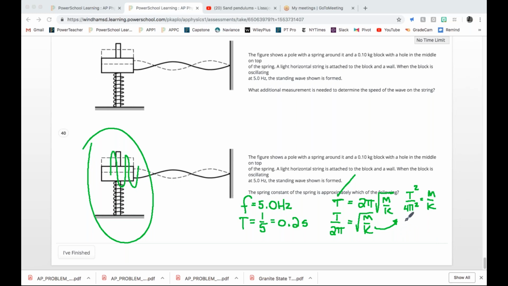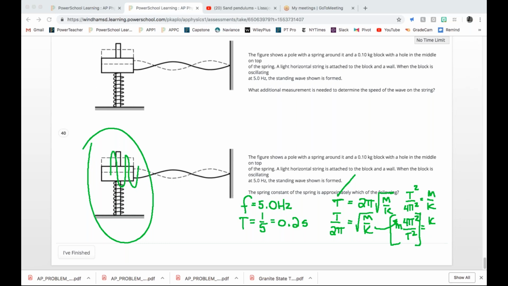I could just flip both sides, so this is 4 pi squared over period squared equals k over m, and then I'll multiply both sides by m. So I have everything I need to solve for k. Jess, make sure that I've answered your question and you're satisfied with that for question number 40.